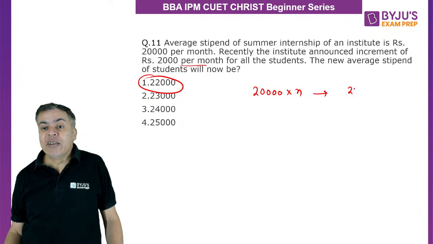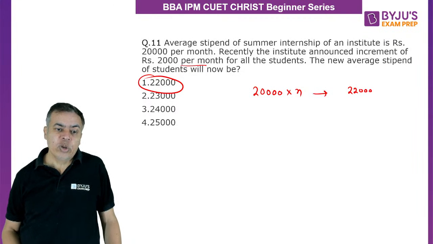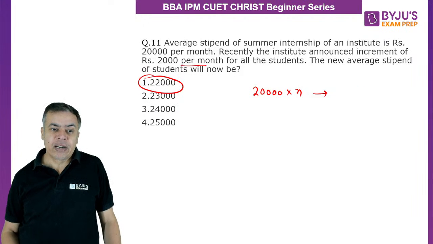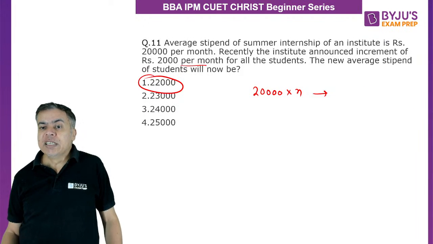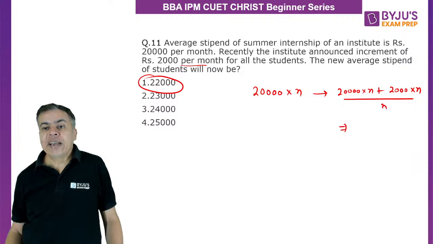You can do it like this. If you are solving it completely, that means you already have 20,000 into n plus now you are getting 2,000 to every student. So the average will be, right, n cancelled and it will be 22,000.